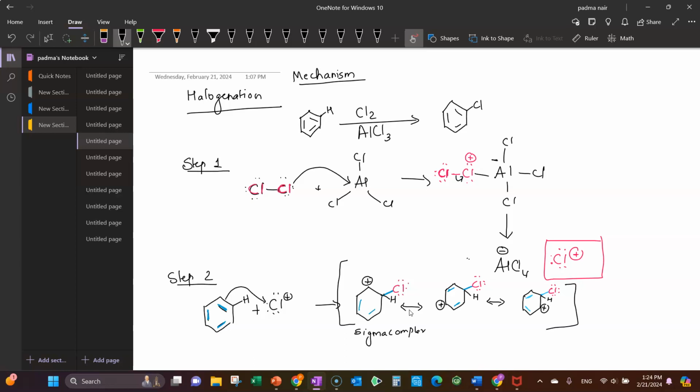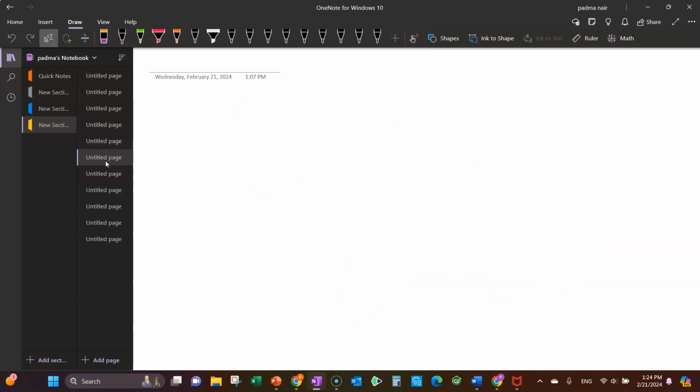Okay. Now comes my third step, where this proton is lost and the aromaticity is regained. Okay, so we can write step 3 on the next page. Step 3 would be benzene with its... So I'm going to pick up one of the sigma complexes.